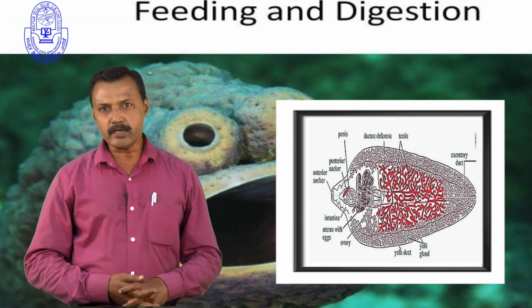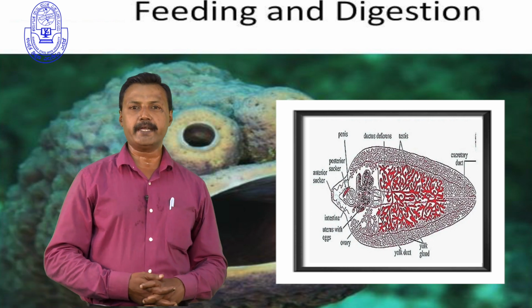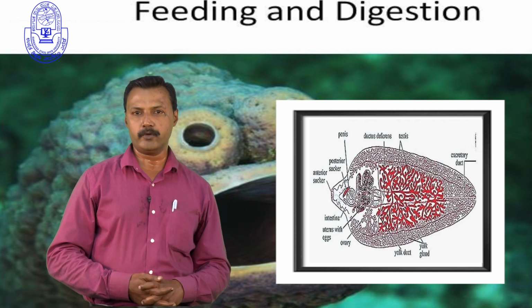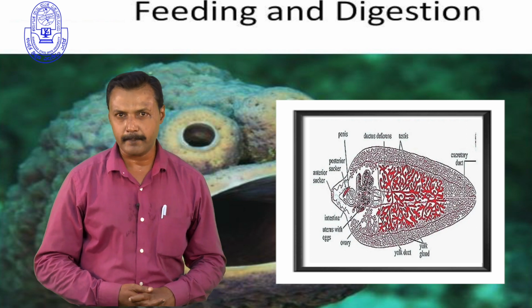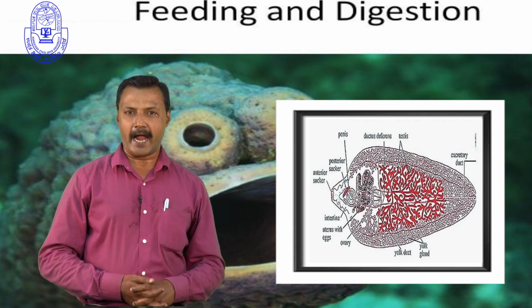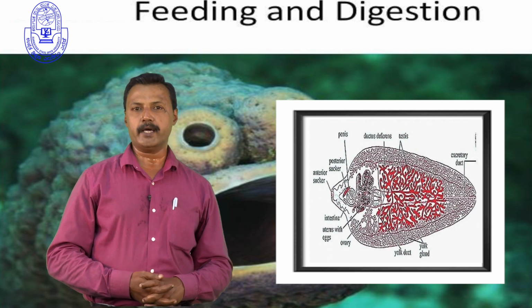So, Fasciola hepatica, the liver fluke, is purely attached to the liver of a particular sheep. They draw the nutrition and also the blood from the liver, and then the completely digested particles are taken into the body.